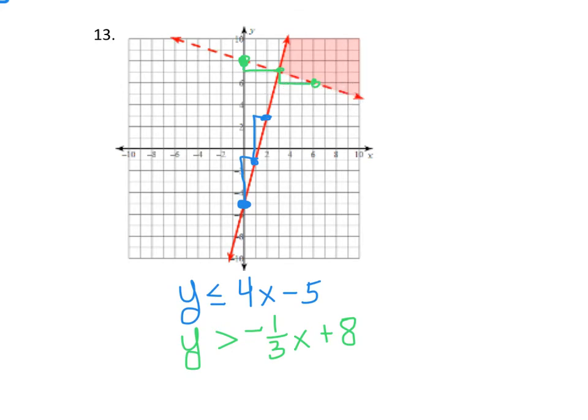So negative slope lines, if they're shaded up here, this is considered to be above the line. Then this is greater than, but not equal to, because this is dashed. So here I use the greater than symbol, but not equal to. The slope for this one was -1/3. So down 1 over 3, -1/3, and the y-intercept was 8. So y is greater than -1/3 x plus 8.